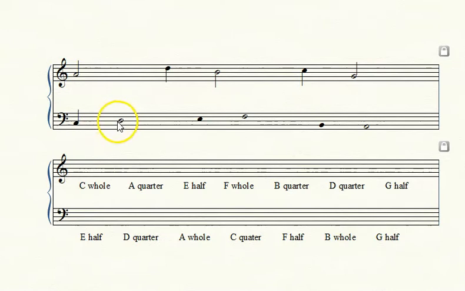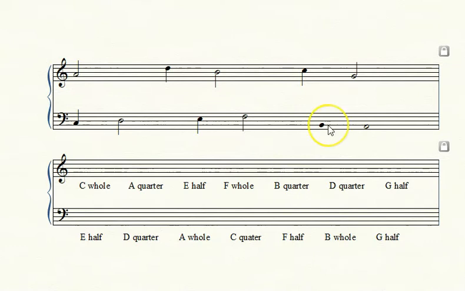Now we have a note on the third line. We know if we have a note on the third line, the stem will face down on the left. We have a note on the third space, so our stem will face down on the left. Now we have a note on the fourth line. Again, we'll have a stem facing down on the left.